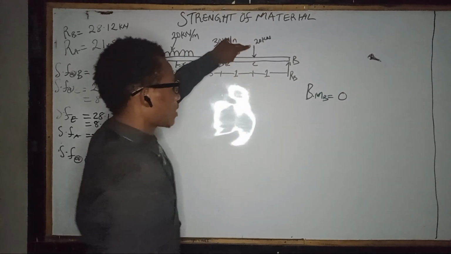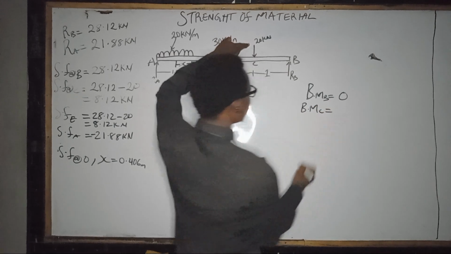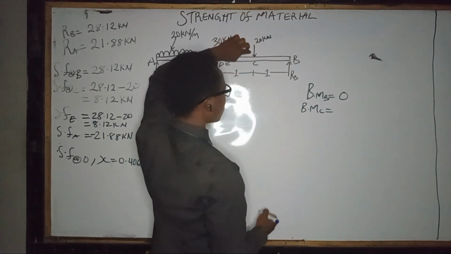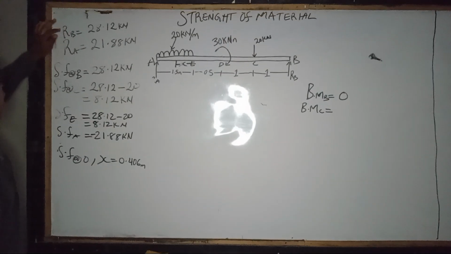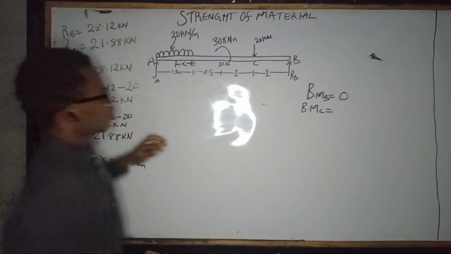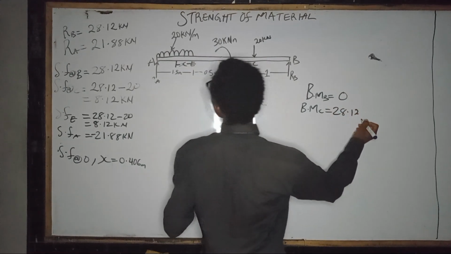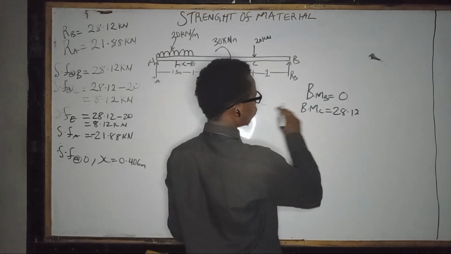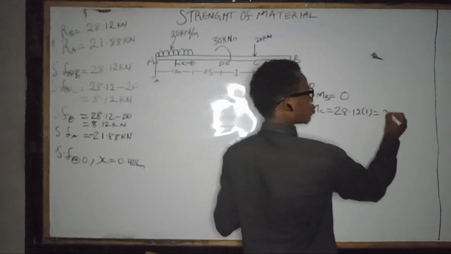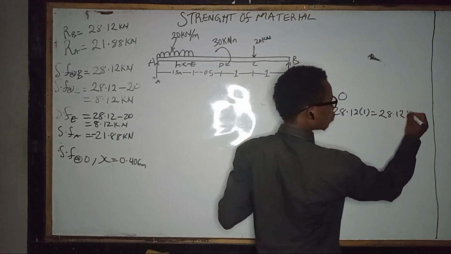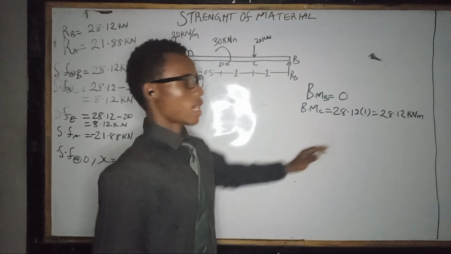Then our bending moment at C will be equal to RB times the distance here, and RB is 28.12, so we have 28.12 times the distance, which is 1, which will give us 28.12 kilonewton meter as the unit.